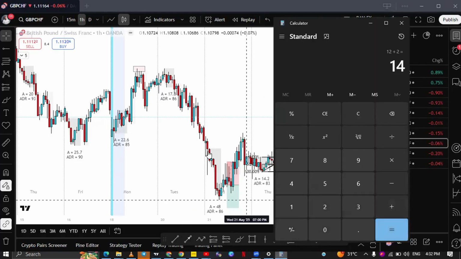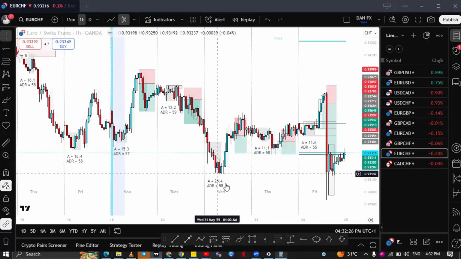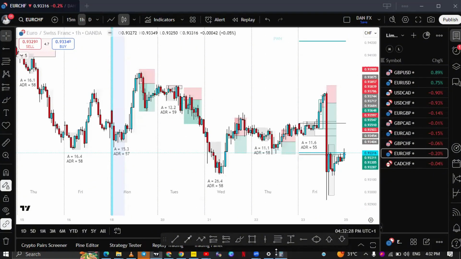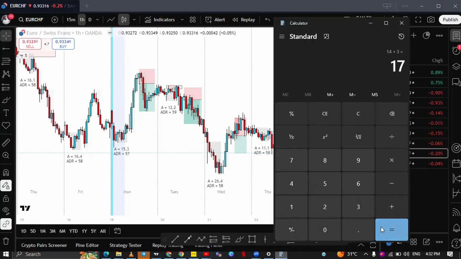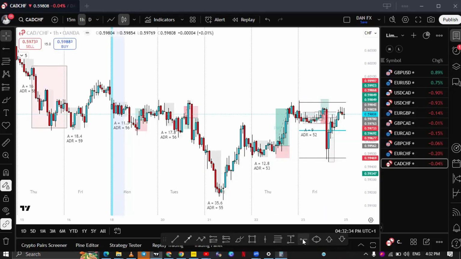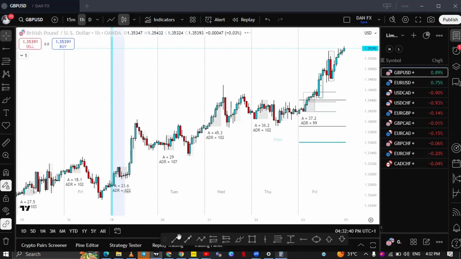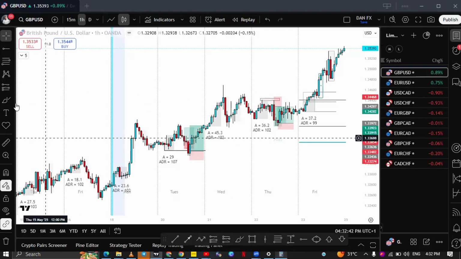Plus 2, 14. USDCHF. 3 wins here. Plus 3, 17. And then the last one, CADCHF. 1 win. So that's plus 1. That's 18. So 18 wins. Let's go here and type it.